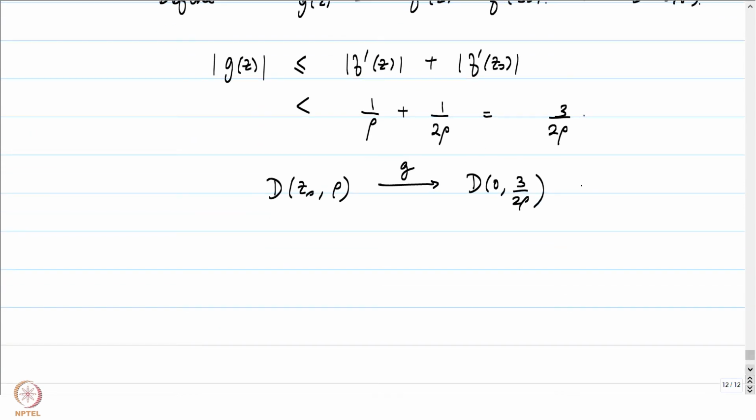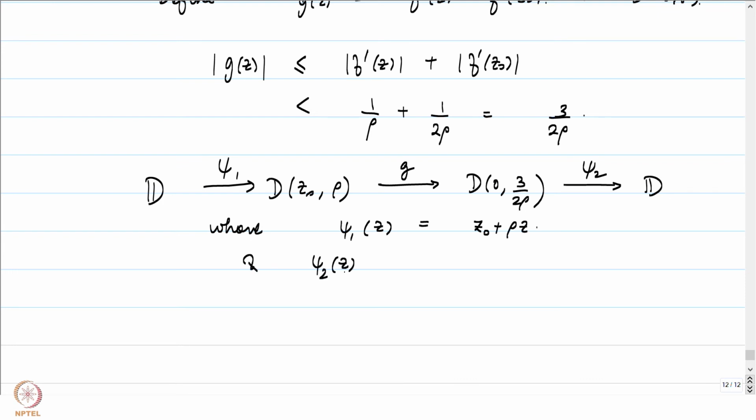Let's compose it with two functions which send it to the unit disk. The map here will be, let's call it psi 2, and the map here psi 1, where psi 1 of z is equal to z0 plus rho times z, and psi 2 of z is equal to 2 rho by 3 times z.